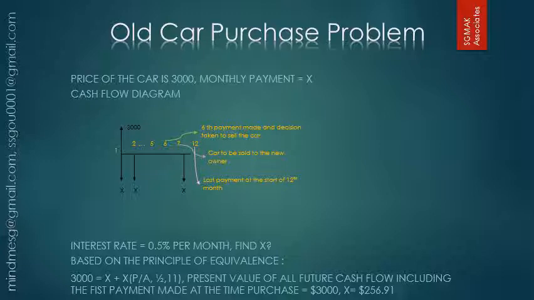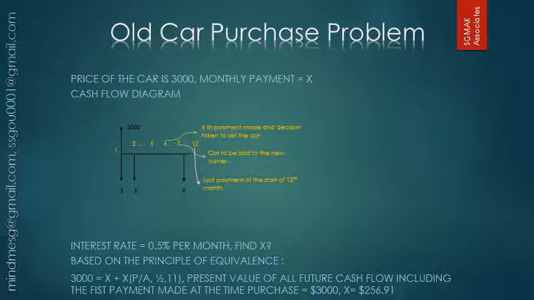Basically what that term represents is the present value of all future payments. You make 11 future payments, at the beginning of each month: first payment now, second payment at the beginning of month 2. You make 11 such payments, and this factor converts those future payments into present value.